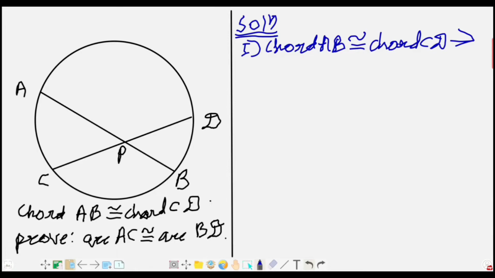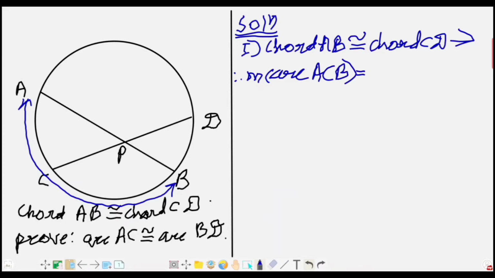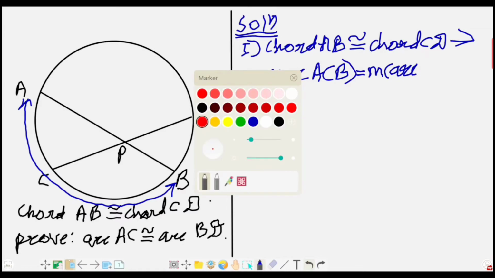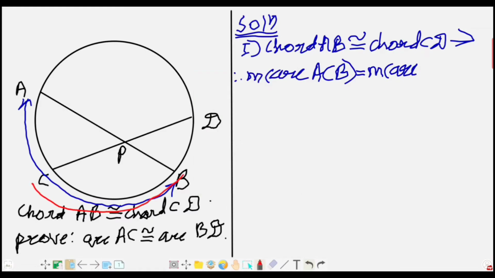It's given. So the measure of arc AB together forms this full arc, that is ACB. So arc ACB will be equal to the measure of arc CBD. In the same way, when you look at the other side, CD together forms this arc.